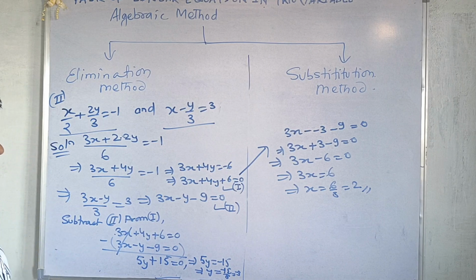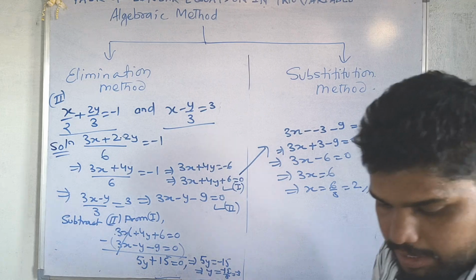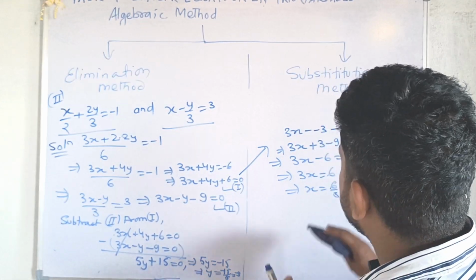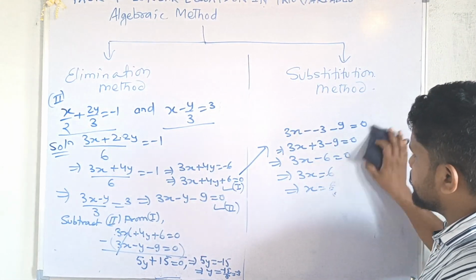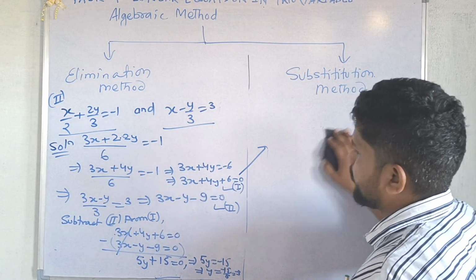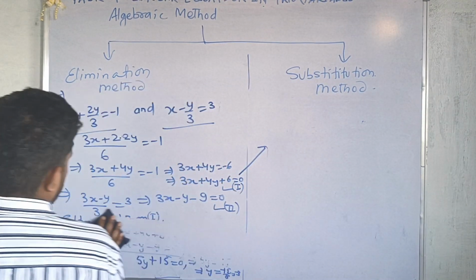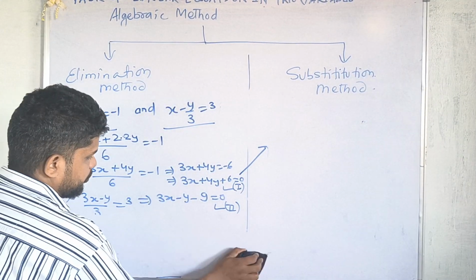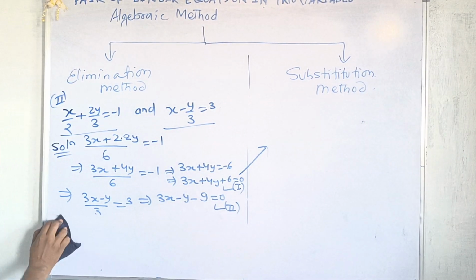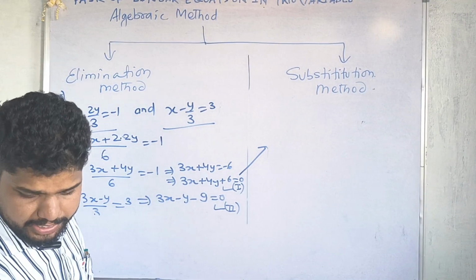Okay, dear students, now this same question can be done using the substitution method. So let's just see the same question for the substitution method. I am erasing these things. The rewritten form of the equation we will not erase.